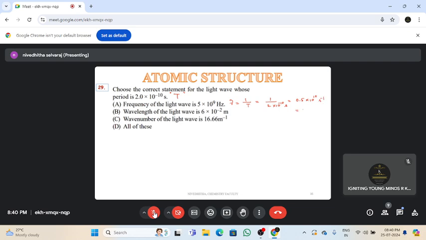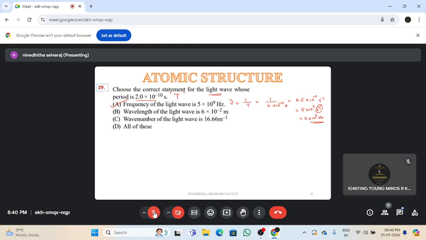This can be written as 5 into 10 power 9 second inverse. Second inverse can be expressed as hertz. So for this light wave, if the time period is 2 into 10 power minus 10 seconds, then its frequency will be 5 into 10 power 9 hertz. So this statement is true.